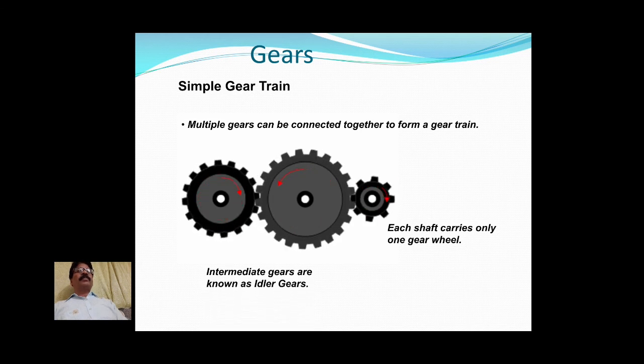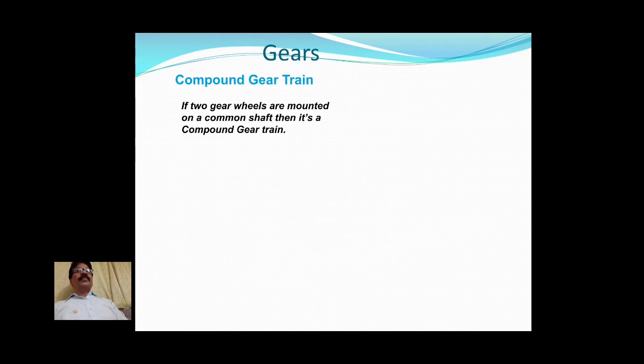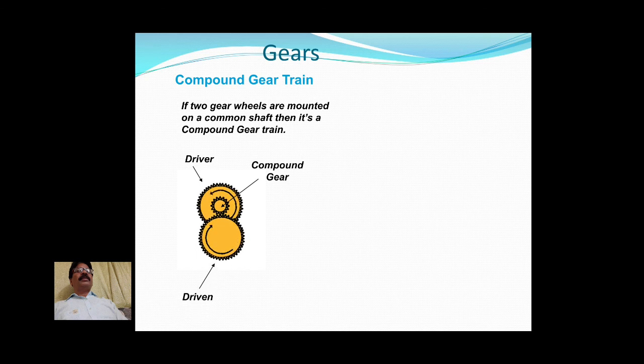When we are talking about the compound gear train, another gear is fixed with the first one. This is a driver gear, this is the compound gear and this is the driven gear. Here we can say the compound gear is an idler one.